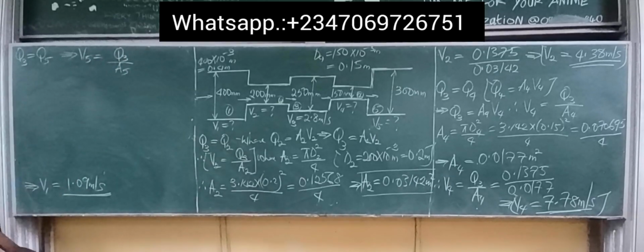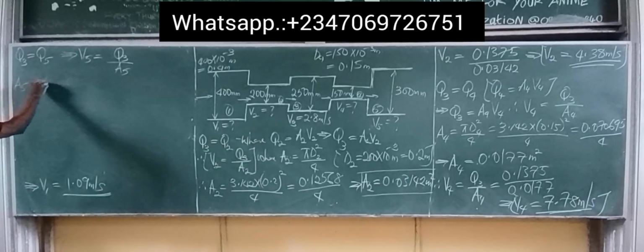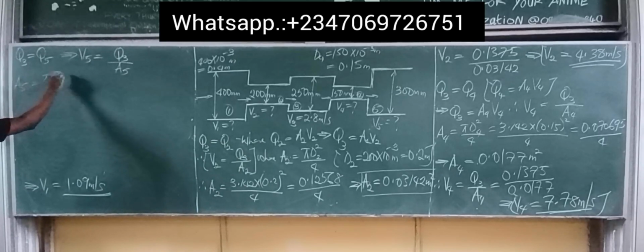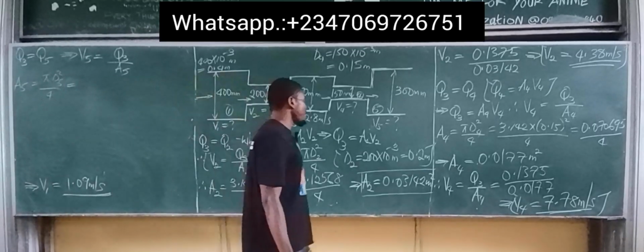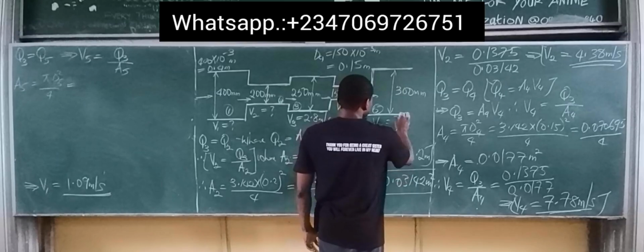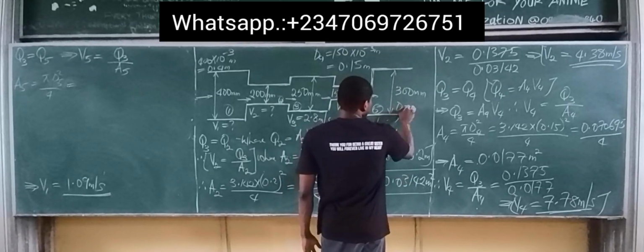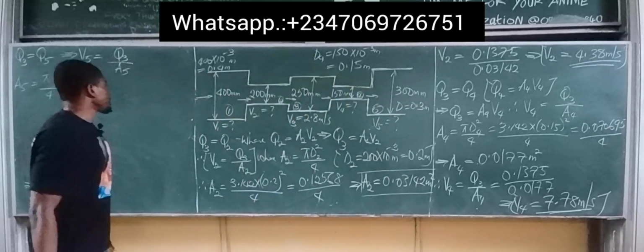So all we need to do now is obtain A5. A5 itself is simply pi, the diameter of pipe 5 all squared, divided by 4. Not forgetting, the diameter of pipe 5 was given as 300 millimeter. So we can always convert this diameter to be 0.3 in meters, of course.